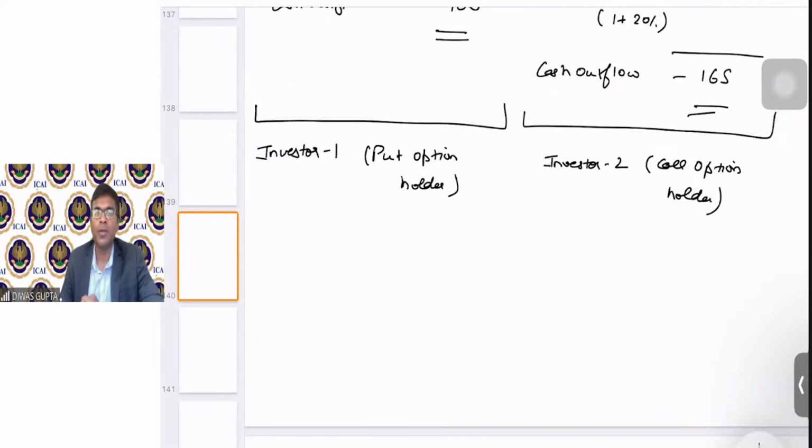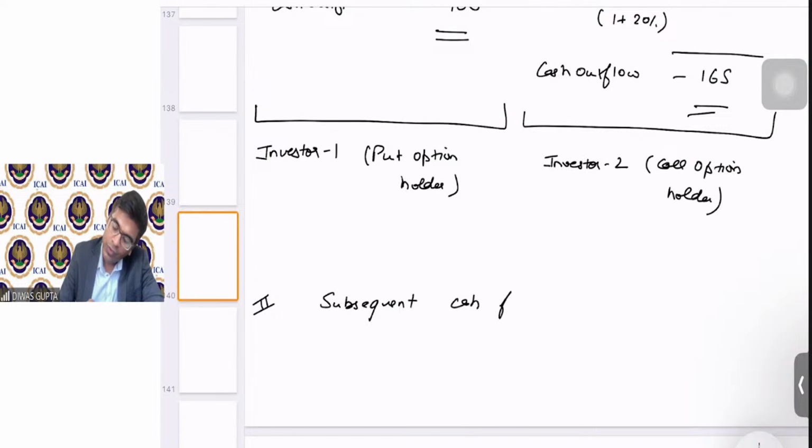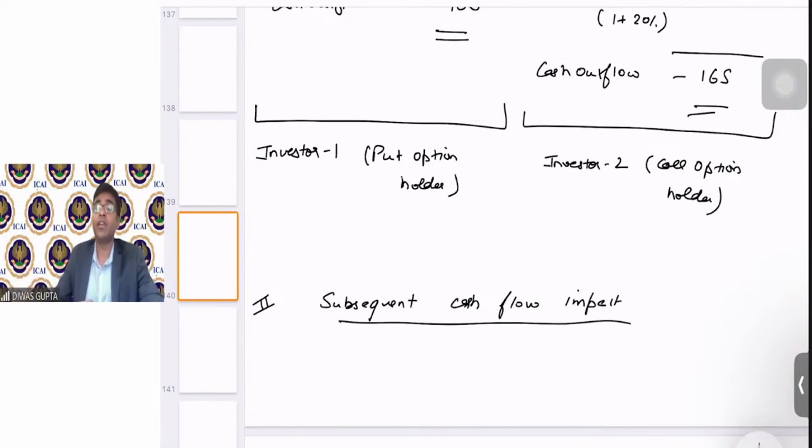Investor two is a call option holder. Now let's take the subsequent cash flow impact. Let us see what will happen on settlement after 1 year. We will assume two, three different sets of prices and accordingly calculate.